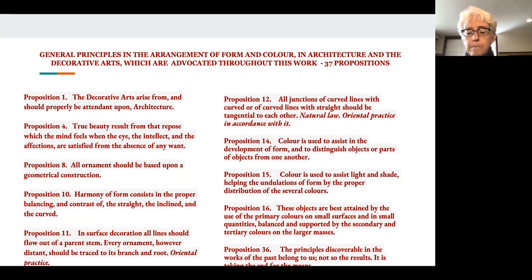Proposition 16. These objects are best attained by the use of primary colors on small surfaces and in small quantities, balanced and supported by the secondary and tertiary colors on the larger masses. And finally, Proposition 36. The principles discoverable in the works of the past belong to us, not so the results. It is taking the end for the means. So let's continue.